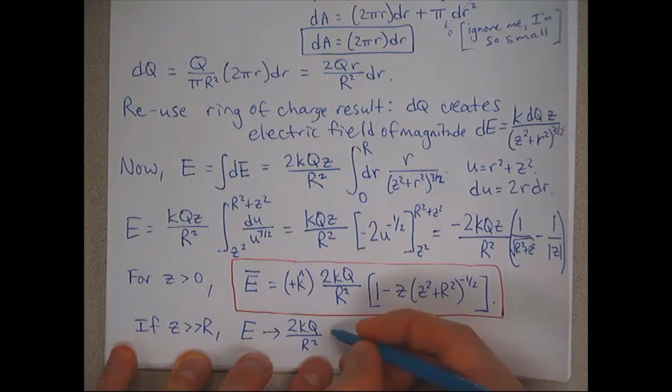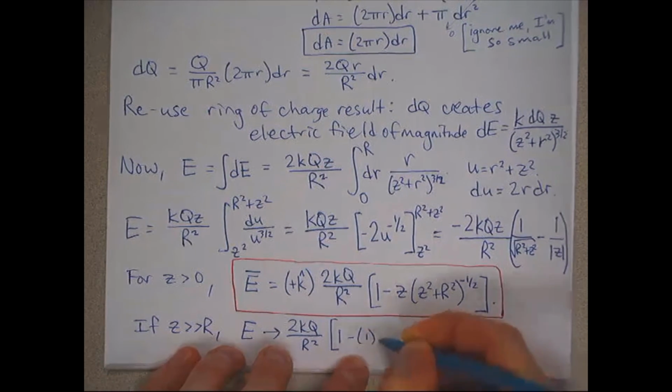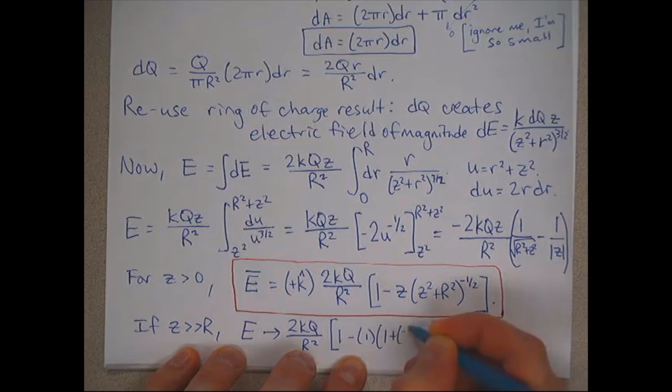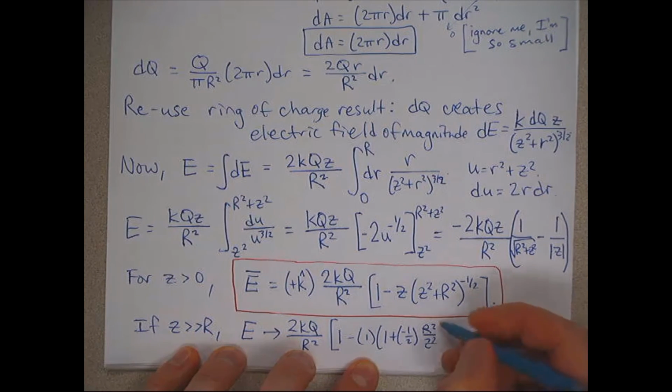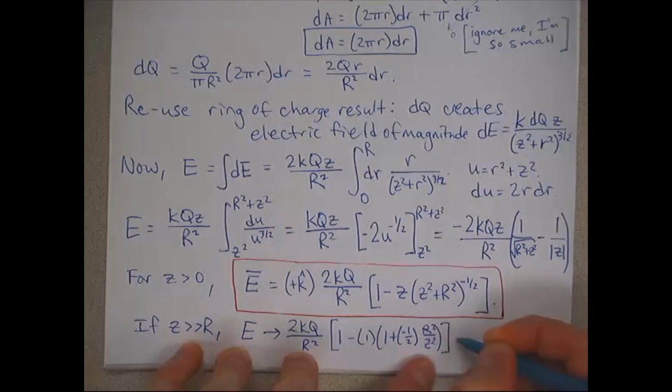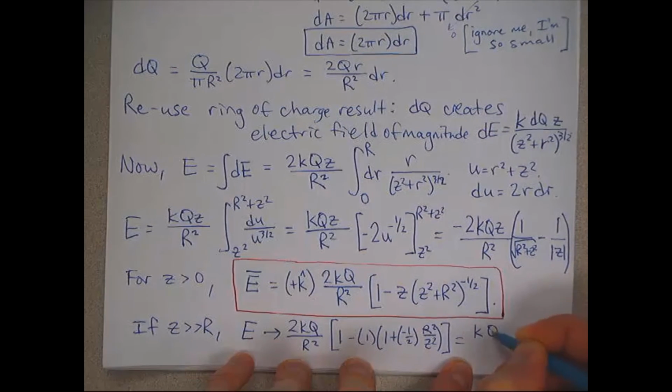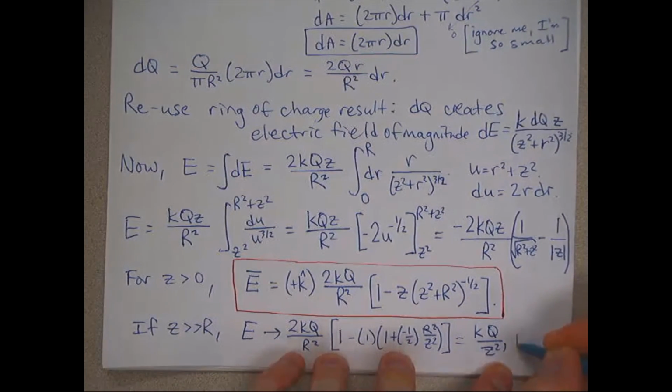You have to break out your binomial expansion. 1 minus 1, 1 plus power, which is negative a half, r squared over z squared. And that is, in fact, kq over z squared, just like a point charge.